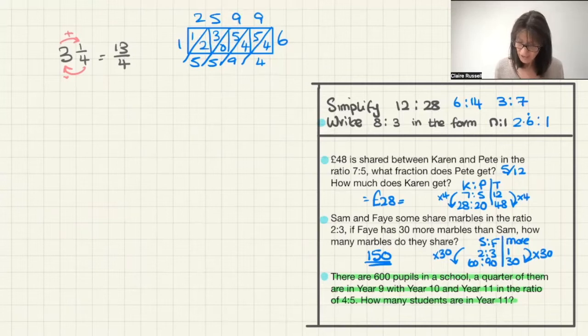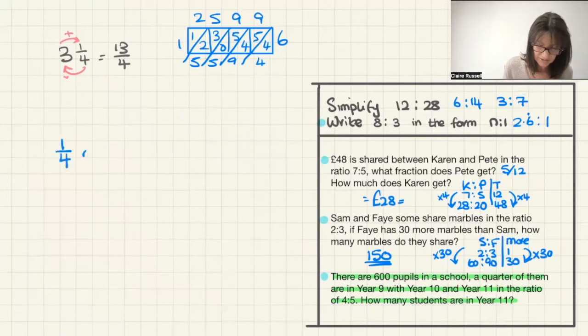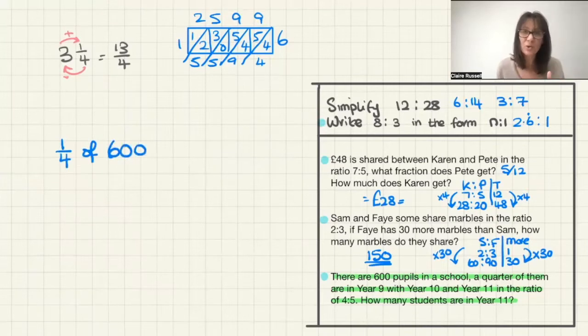So there are 600 pupils in a school and a quarter of them are in year 9. So this is saying a quarter of 600 people in the school are in year 9. So that whole sentence can be written as that piece of maths. Now, to find a quarter of something, of means times in maths. And now you've got options.